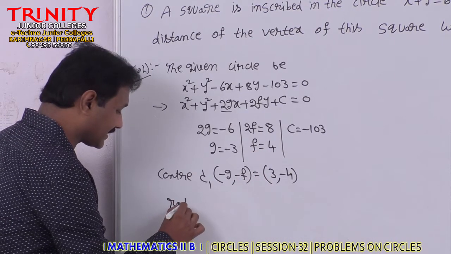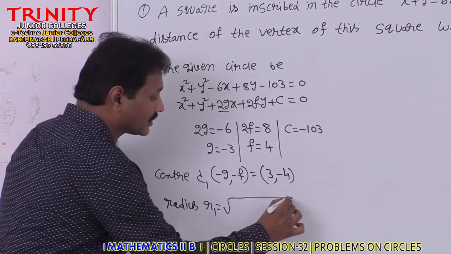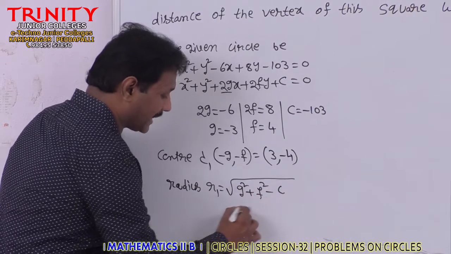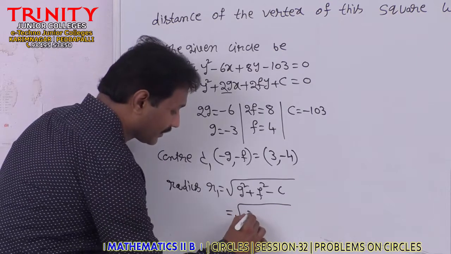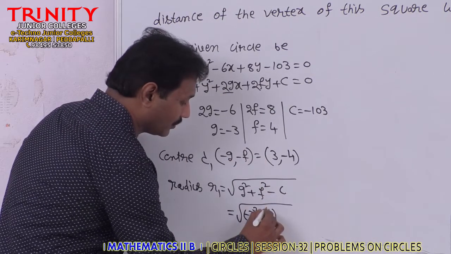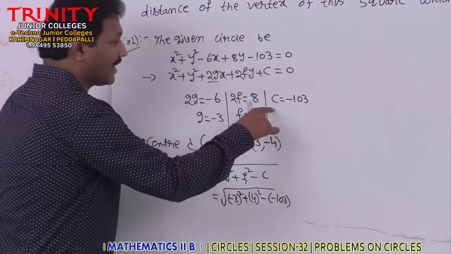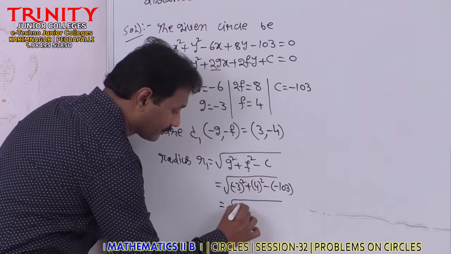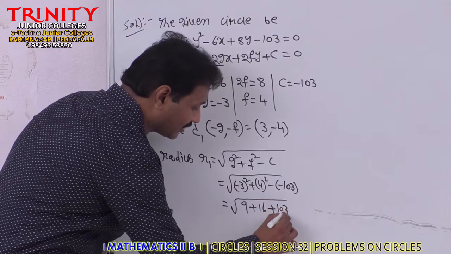Radius of the circle is r1 equal to square root of g square plus f square minus c. That equal to square root of, here g is minus 3 whole square plus 4 whole square minus of minus 103. The value of c is minus 103. That equal to square root of 9 plus 16 plus 103.